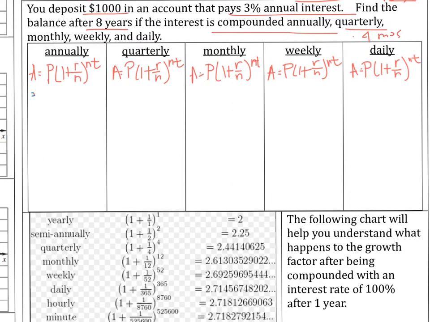For annually, we can substitute 1,000, which is the initial deposit, in for P. And we can multiply that by the growth factor of 1 plus 3%, which is 0.03. And it's compounded annually, so I just need to divide that by 1 for 1 year. And I'm going to put that to the power of 1 times 8 years, because you're going to do this for 8 years.